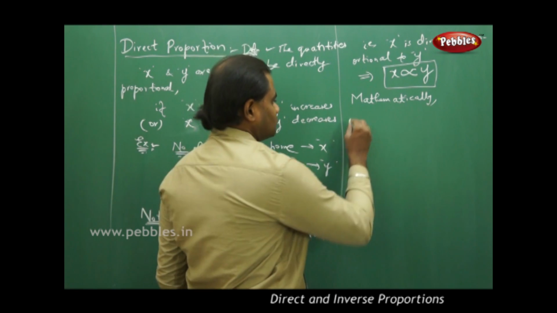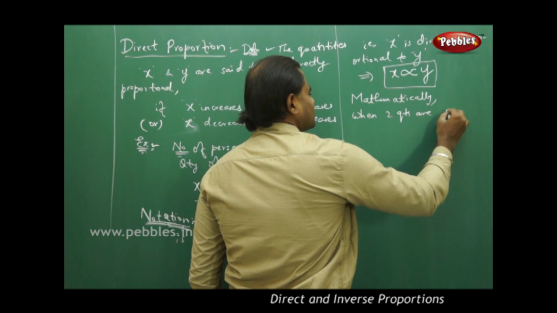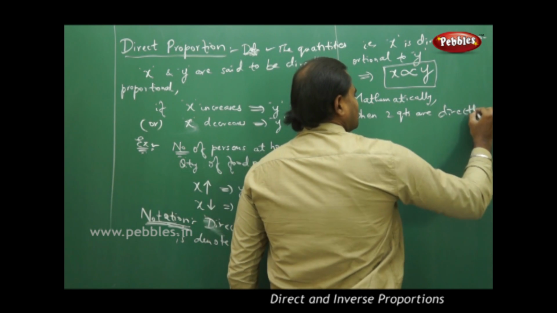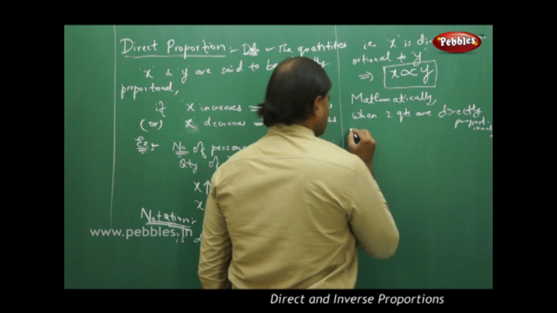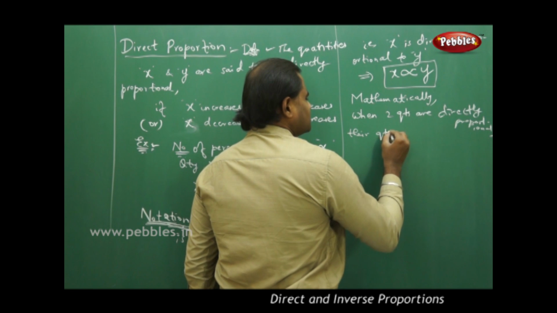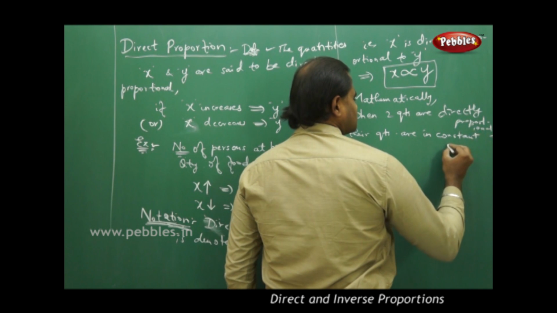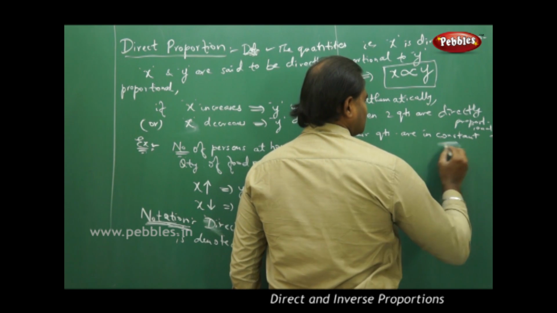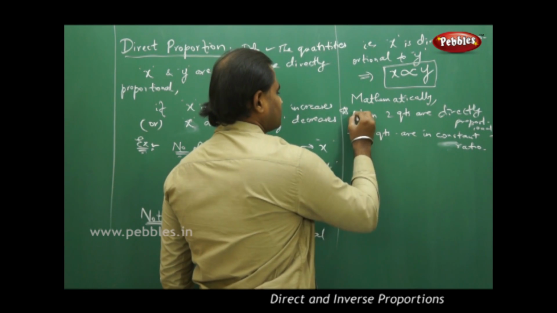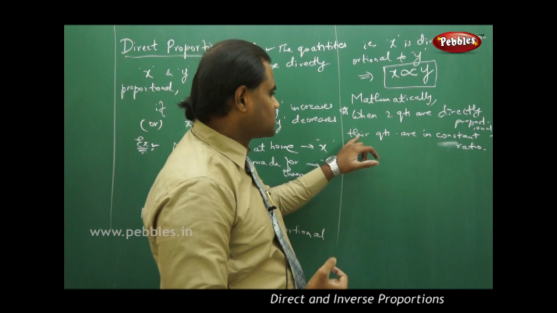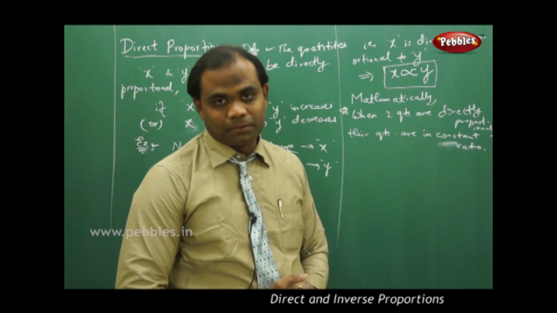So mathematically, we understand that when two quantities are directly proportional, their quantities are in constant ratio. This is very important in mathematics, because we identify that when two quantities are directly proportional, their quantities are said to be in constant ratio.